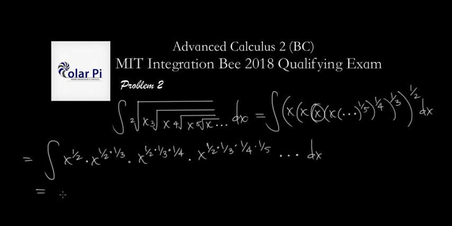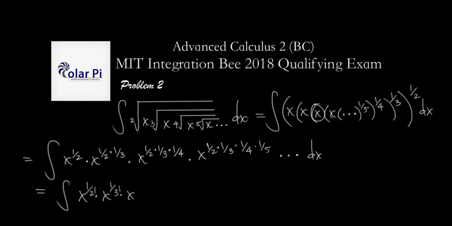And look at what we've got. This is equal to the integral of x to the what? Well, notice I can write this as 1/2 factorial, 1/3 factorial, 1/4 factorial, 1/5 factorial, and I prefer that. So it's x to the 1/2 factorial, times x to the 1/3 factorial, and then x to the 1/4 factorial.